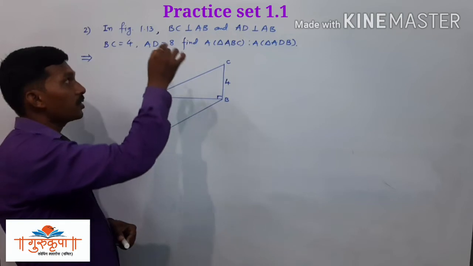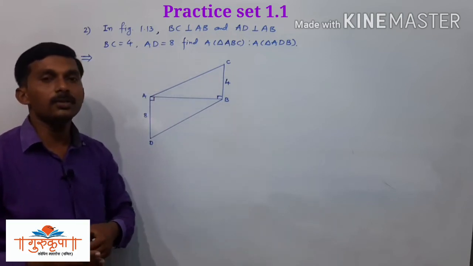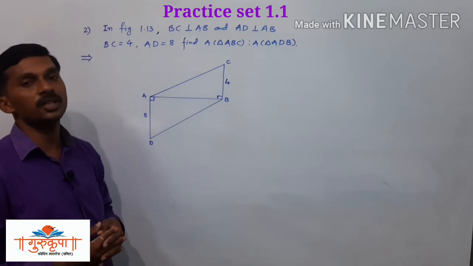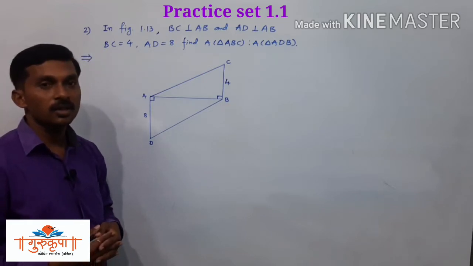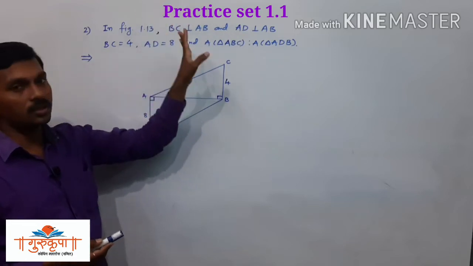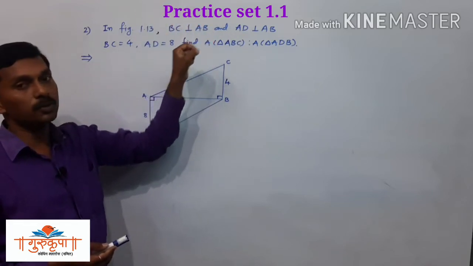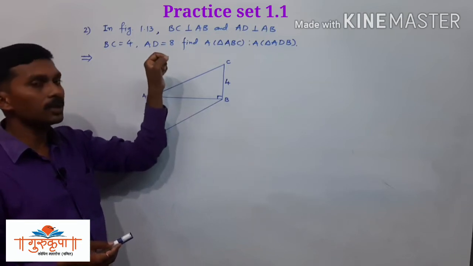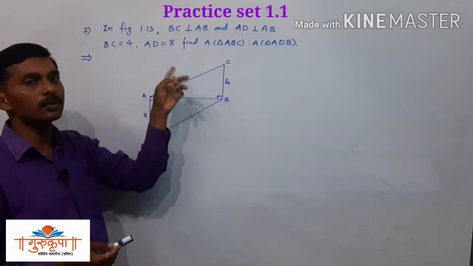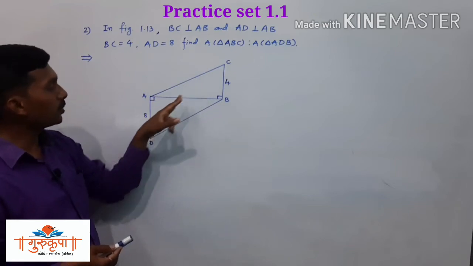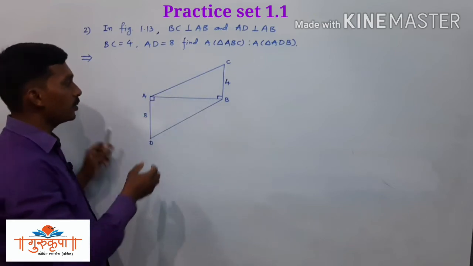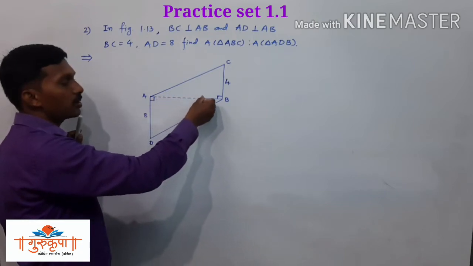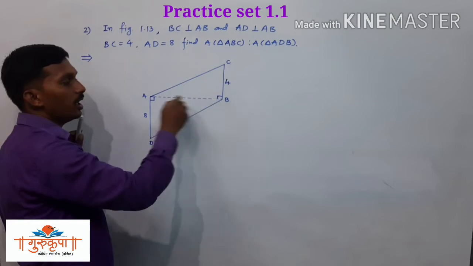Since before this practice set we studied only 4 properties which are related with the ratio of the areas of two triangles, here definitely we have to use one of the 4 properties. Now here we have 2 triangles and both the triangles are having equal bases. See, this AB is the base of both the triangles and that is common.